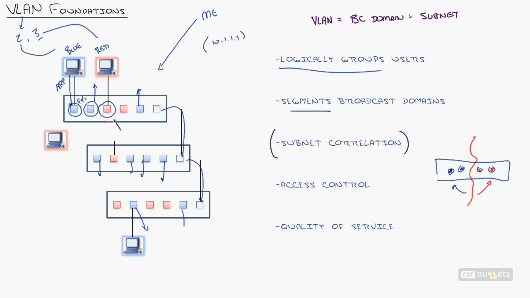When I create the red VLAN, I create another broadcast domain. So all the red broadcasts stay in the red broadcast domain, right? I create another subnet too, to where if the blue VLAN used to be 10.1.1.0/24, then the red VLAN has to be something else. It can't be 10.1.1.0. It'd be 10.1.2.0/24, right?